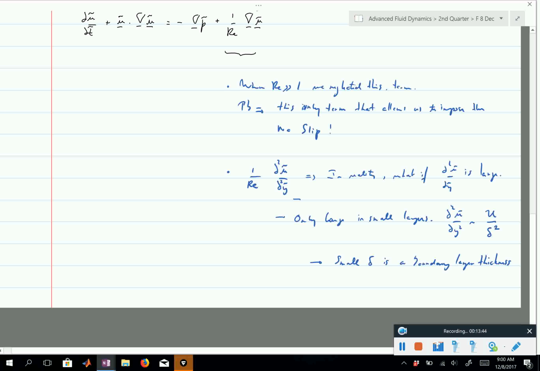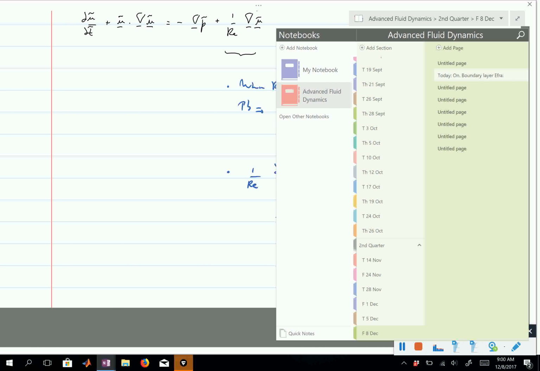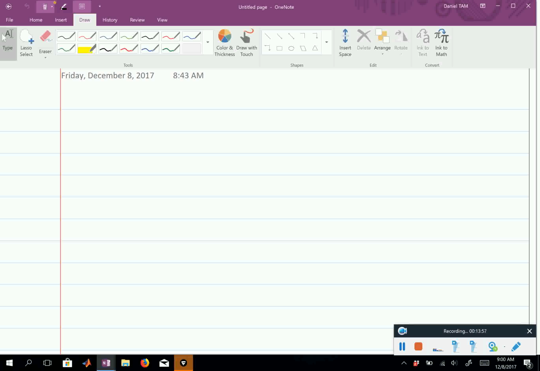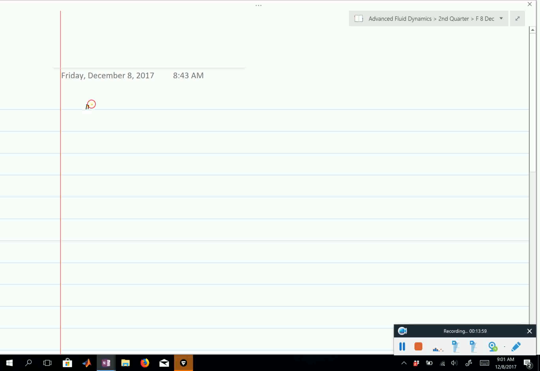So what we'll do now is just discuss a physical scaling for that delta, for that boundary layer thickness. So, the physical picture and scaling.